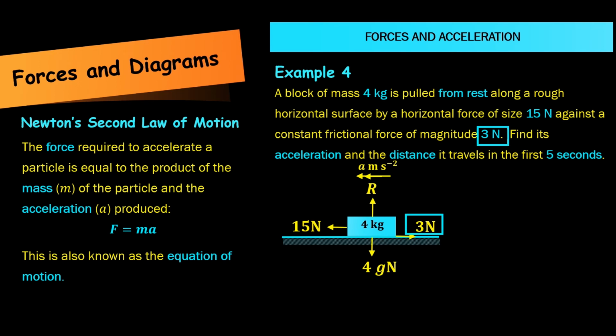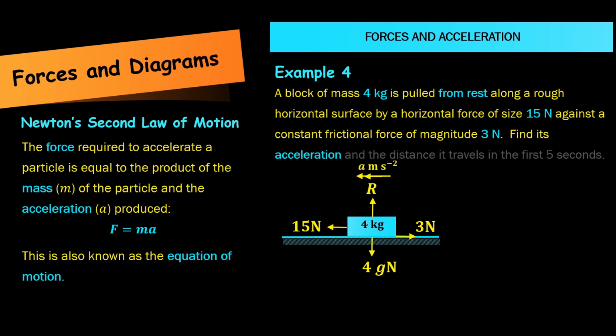And we have the frictional force, which is opposing the direction of motion, which is of size 3 N, as shown. And of course, the normal reaction force as well. We've also indicated acceleration, which you can see moving in the direction in which this mass is being pulled.